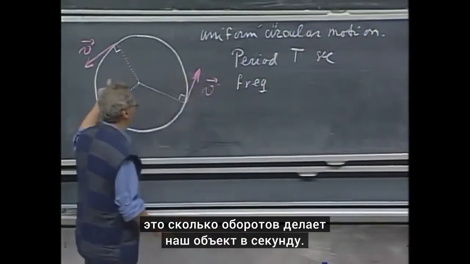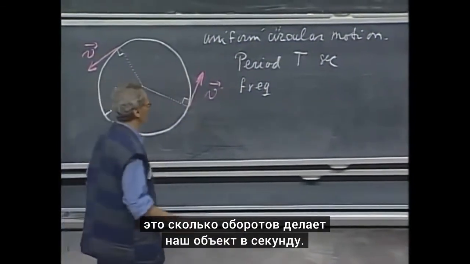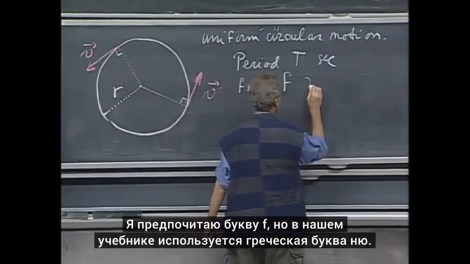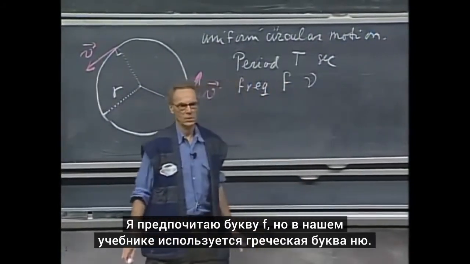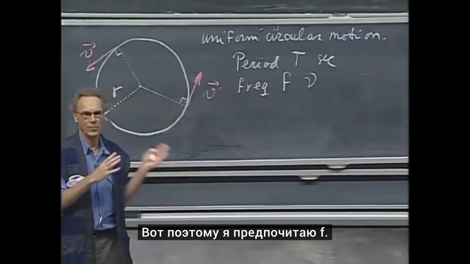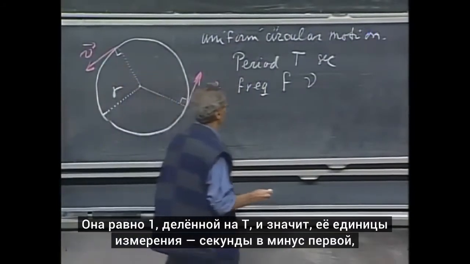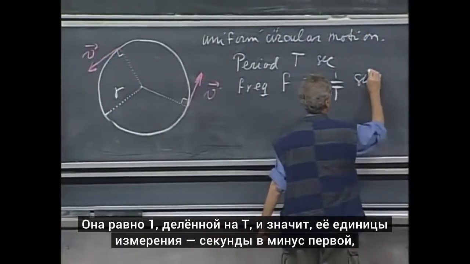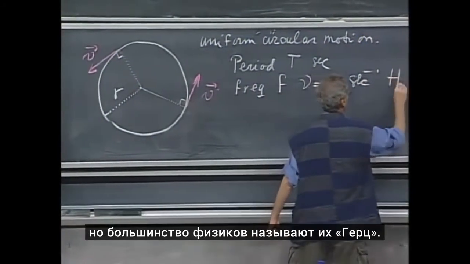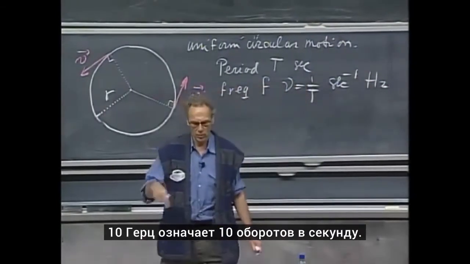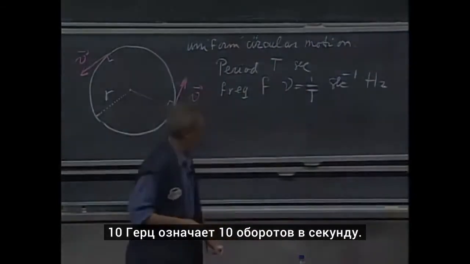That is how many times it goes around per second. I prefer the letter f, but our book uses the Greek letter nu. I find the nu often very confusing with the v of velocity, and that's why I prefer the f. It is 1 over T, and so the units are second to the minus 1, but most physicists would call that hertz. 10 hertz means to go 10 times around per second.